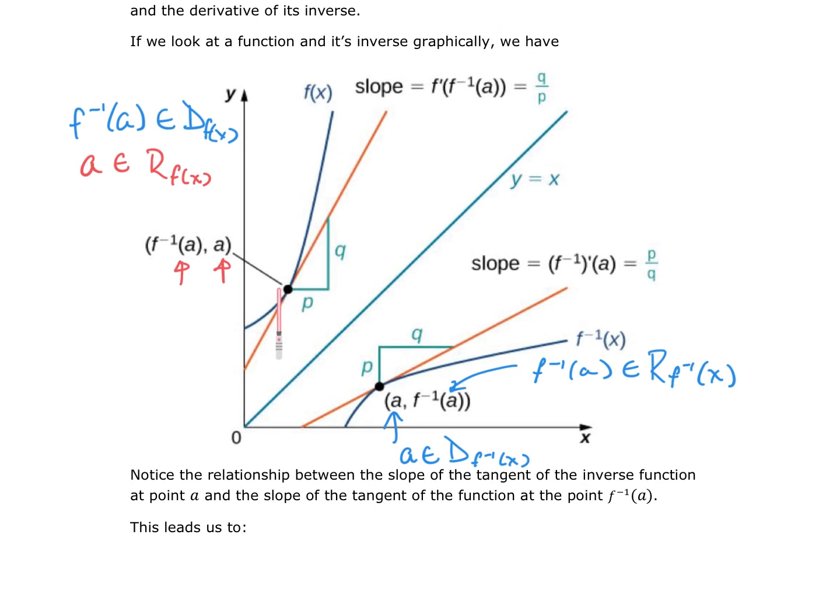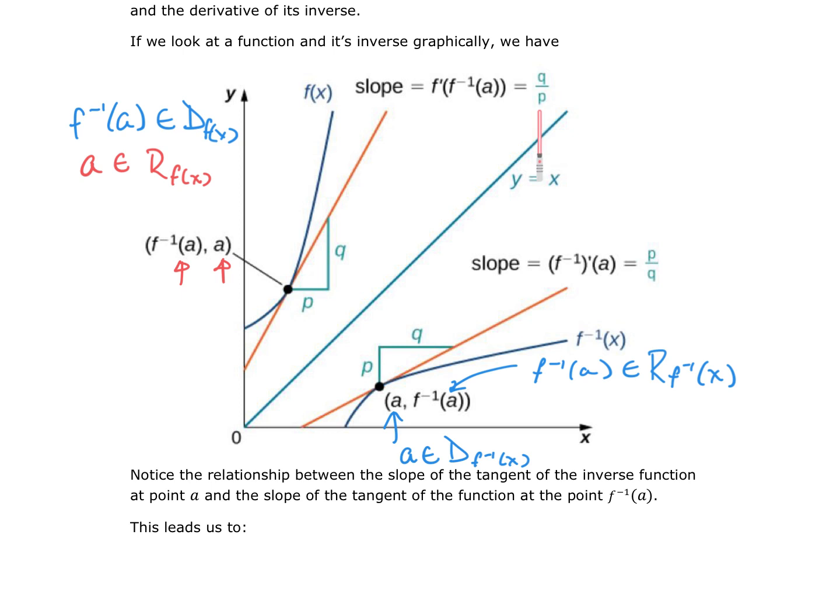Now, if I find the equation of the tangent line at this point, f inverse of a on the original function, then it has a slope of p over q. Of course, that is the derivative of the original function evaluated at the domain value of my original function.